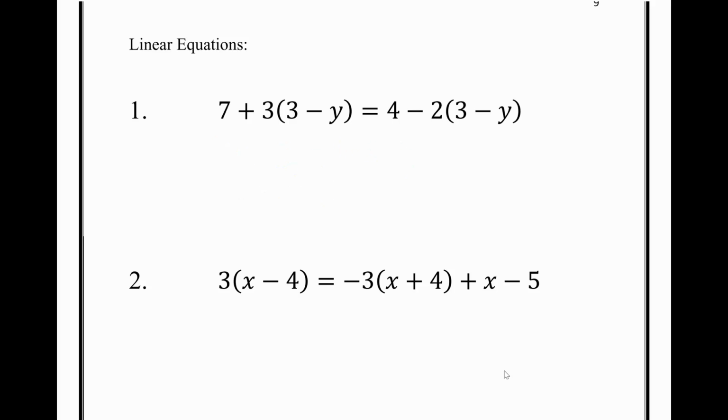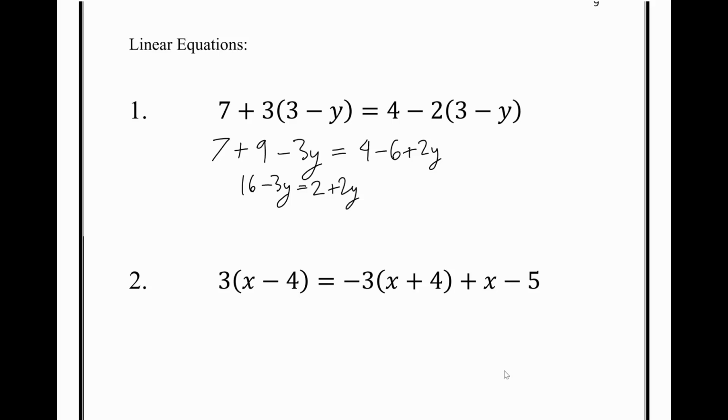Okay, so for this linear equation, we must expand the brackets first, such that we end up with 7 plus 3 times 3, which is 9, minus 3 times y, which is 3y. On the right hand side, we end up with 4 minus 2 times 3, which is minus 6, times minus 2 times minus y, which will give us 2y. If we simplify both sides, we end up with 16 minus 3y is equal to 4 minus 6, which is 2, and then plus 2y.